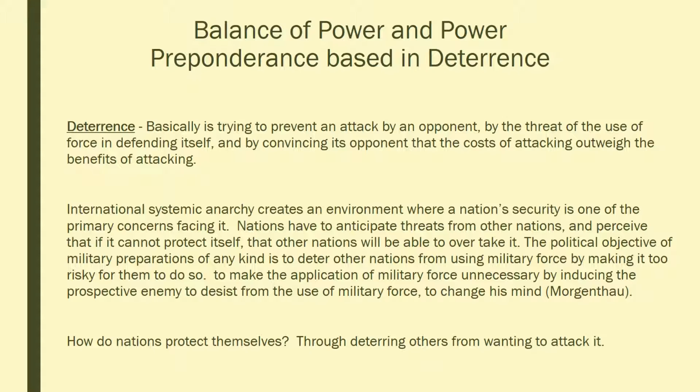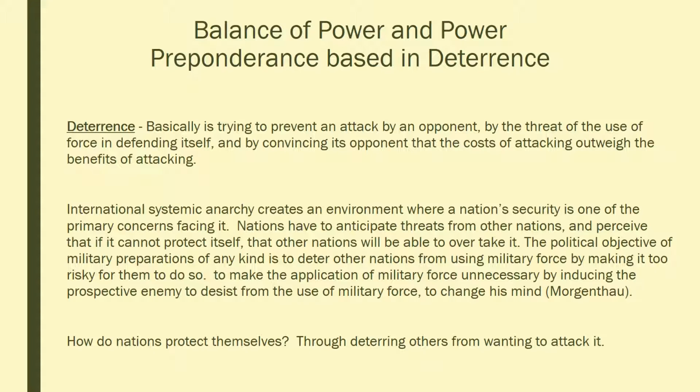This is counterintuitive to a lot of people, that you would invest so much in your military and invest so much in the technology and build it up so much so that you don't have to use it. But this is the basis of deterrence, and it's the basis of the balance of power theory and power preponderance theory.